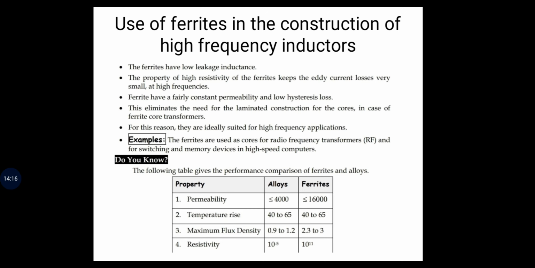If you use iron, there is more hysteresis loss. If you want to reduce the iron losses, we use ferrite core, then automatically eddy current losses are reduced.